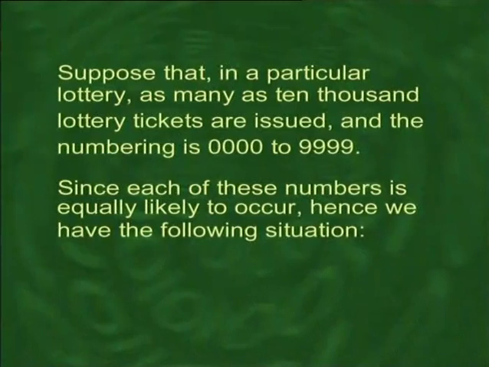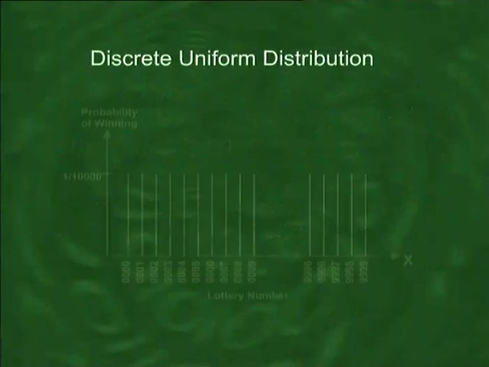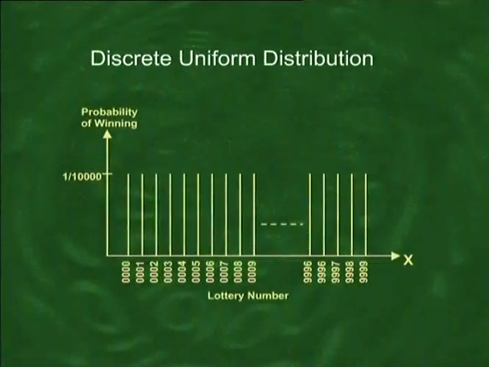Since each of these numbers is equally likely to occur, hence we have the following situation. We have a uniform distribution in which the x variable has 10,000 values starting from 0000 and going up to 9999, and because the number of values is 10,000, therefore, the probability of any one of these lottery numbers is 1 over 10,000.